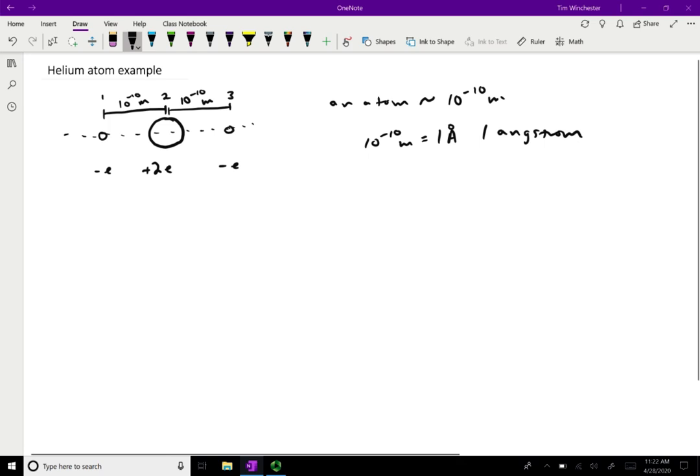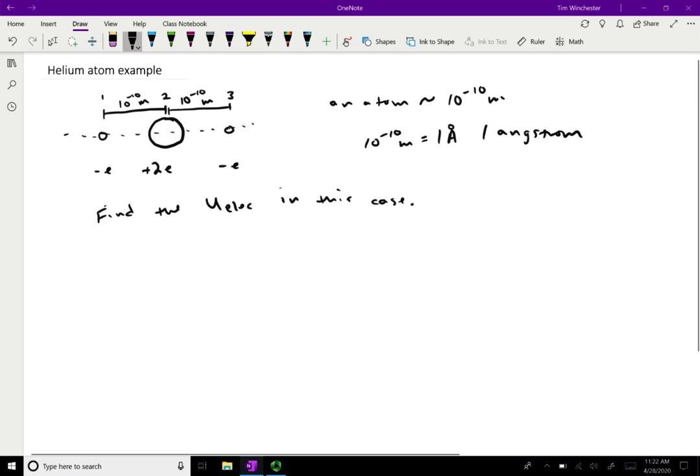That's named after a Swedish physicist, Ångström. That's a very common unit that's used, so you will almost certainly see it at other points in your life. Okay, so what I want to do is find the electric potential energy in this case.